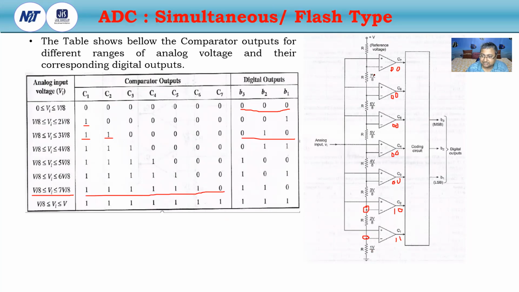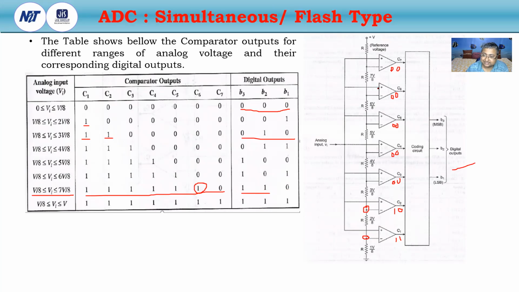Because it is less than 7V/8 but greater than 1V/8, all the outputs of C1 to C6 will be 1 and C7 will be 0. So as per the priority encoder, C6 will be encoded. So 1, 1, 0 as the output.